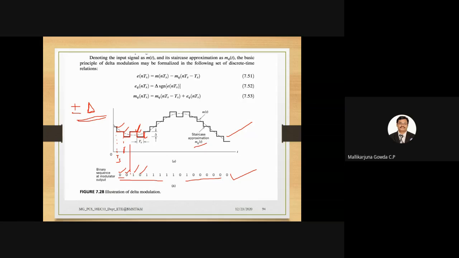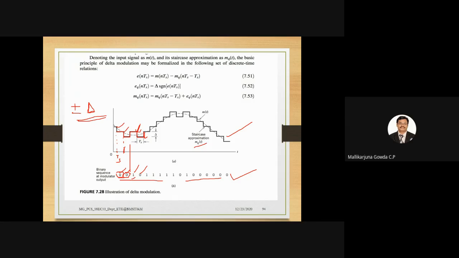Whenever we do the decrement by delta, that will be represented by a binary value of 0. Whenever we increment by delta, that will be represented by a binary bit 1. In that way, I get only two values, either 0 or 1. Instead of PCM, here there are only two quantization levels, either 0 or 1.